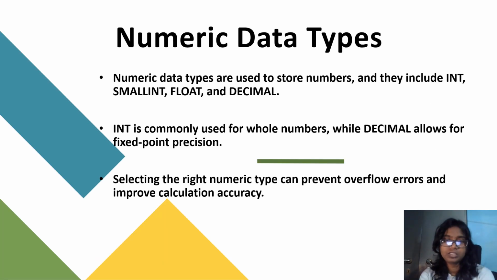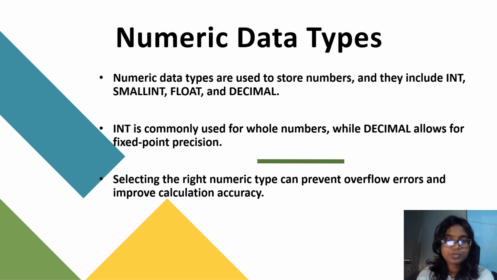Numeric data types. Numeric data types are used to store numbers and include int, smallint, float, and decimal. The difference between int, float, and decimal is that they have certain limits in bytes, like storage. Float has certain storage, smallint has some storage, and int has some storage in bytes.